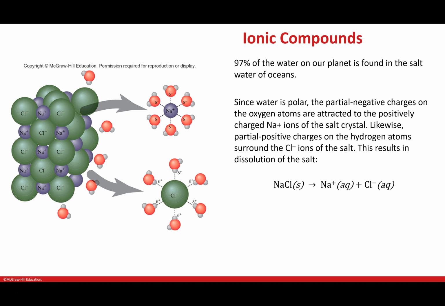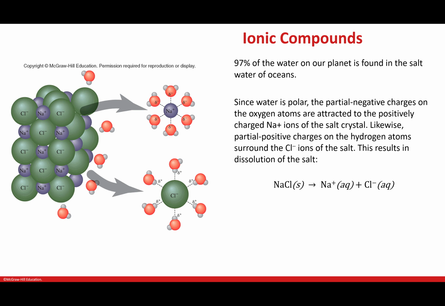So here's one for you, Glenna. What if it's not NaCl? What if we have a barium cation? What charge is barium? Just looking at the periodic table. Positive 2. Perfect.